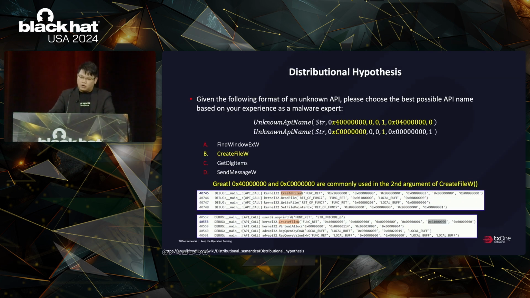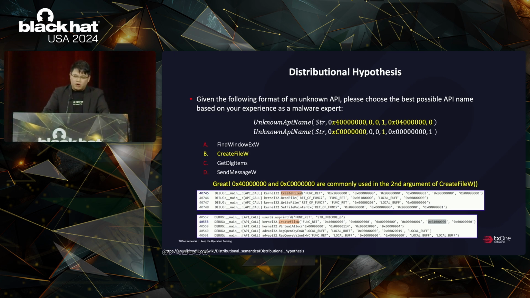You may be curious about how human experts can deduce unknown symbols from data relationships. Let's take a look at a few practical examples. Consider an unknown Windows API with 7 parameters.